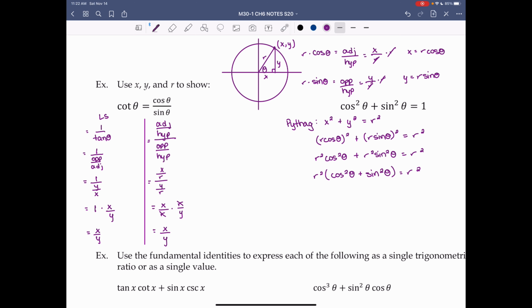And then we can divide both sides by r squared, which divides the r squareds out here and here. So we get cos squared theta plus sine squared theta equals r squared divided by r squared, which is 1. So we used x, y, and r to show that cos squared theta plus sine squared theta equals 1.